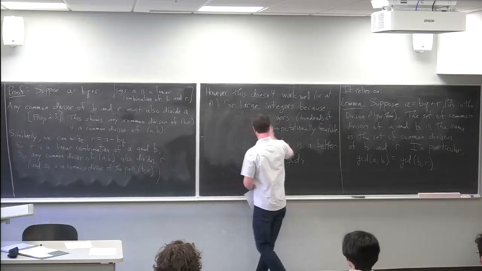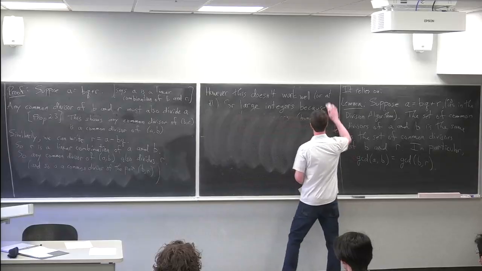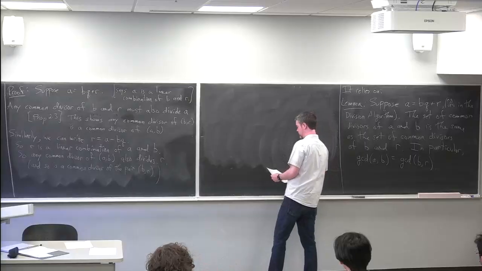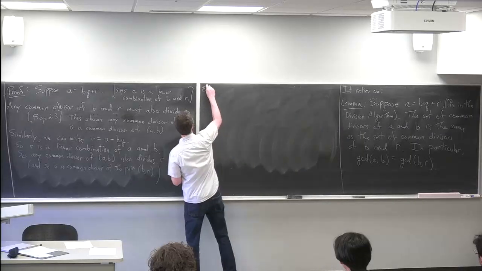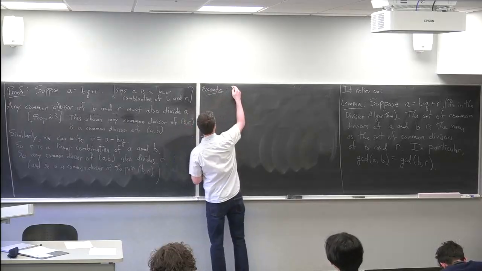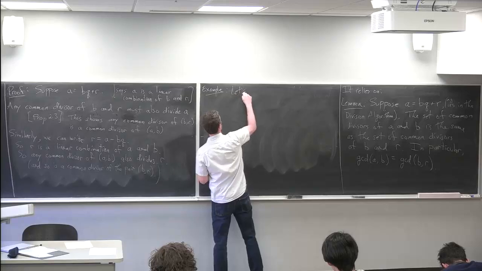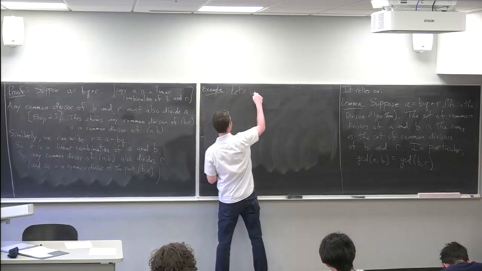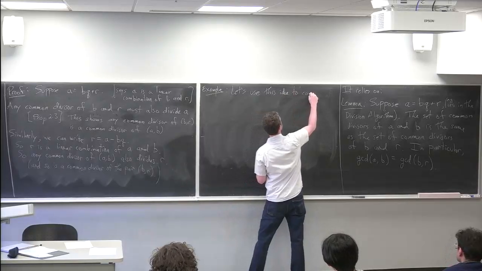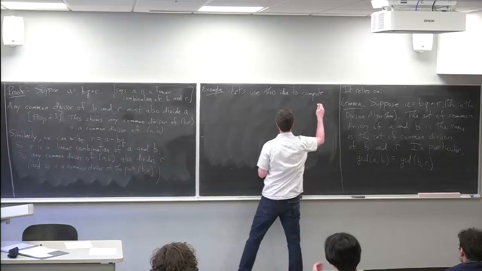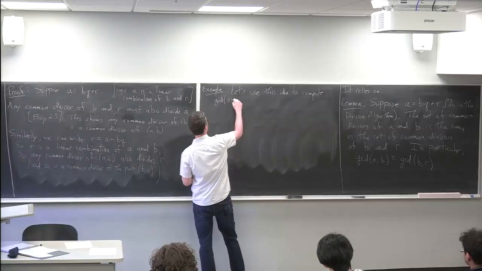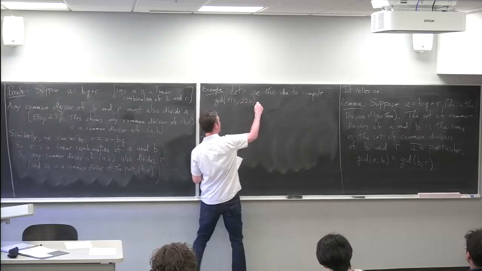Okay, so the idea is to do long division, just do some repeated long division. So what we'll do is we'll use this idea to compute the GCD of 315 and 220, which we do already know, by the way, is 5.